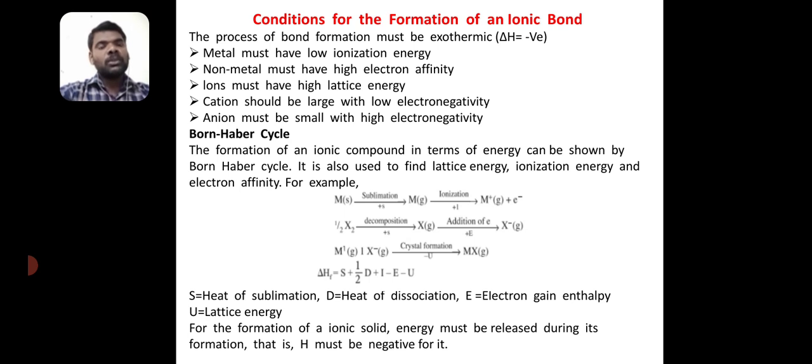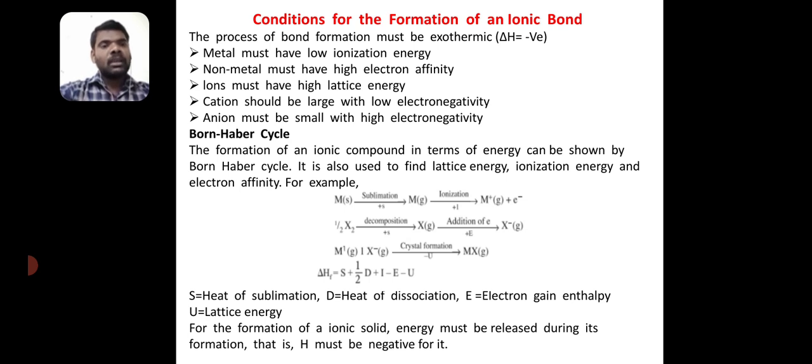The formation of an ionic compound can be shown or calculated by a cycle, the Born-Haber cycle. It is also used to find the lattice energy of an ionic compound, ionization energy, and electron affinity. For example, when M is a metal, it undergoes sublimation, where the solid metal is converted into gas.